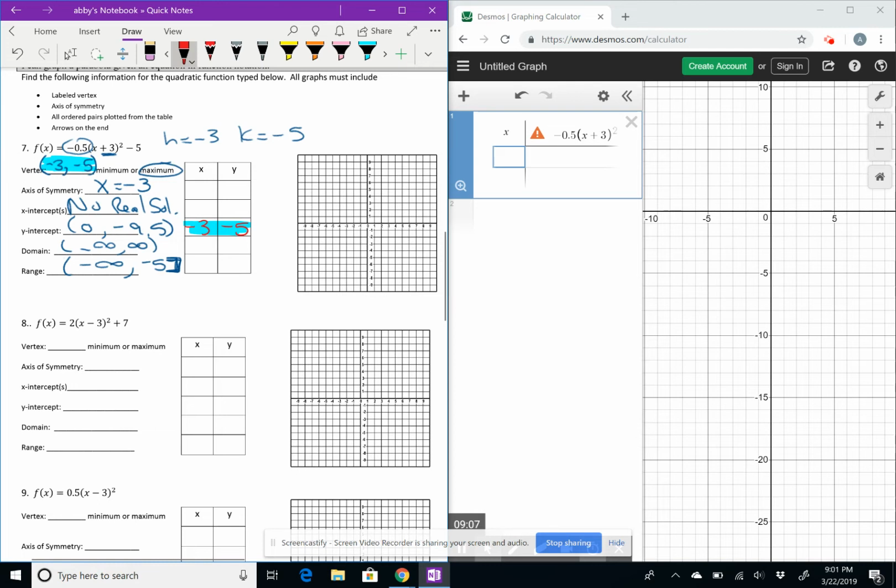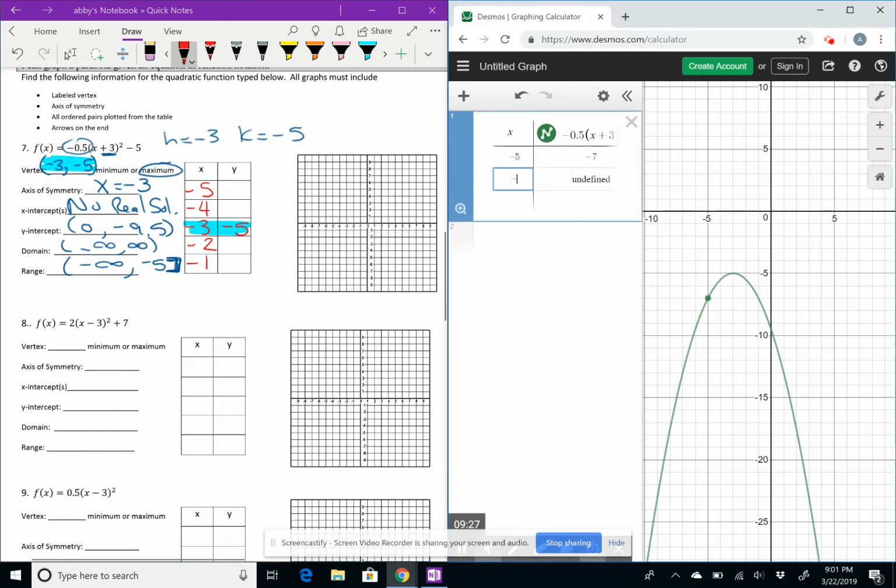Now to make this table, you got to count backwards. So it would be negative 4 and negative 5. Now to make the bottom half of the table, you would count forwards. Negative 2, negative 1. So from there, you're going to make your table.